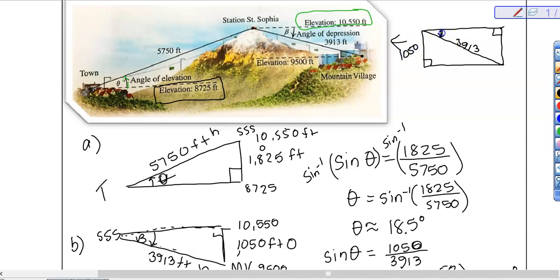And remember I told you it's these angles inside the Z? The angle of elevation is the same as the angle of depression. So if you'd rather, you can transfer all that information to the perspective of your angle of elevation. But this is just a rectangle, right? So these are the same, right? Up to you. Okay, so having said that, any questions?